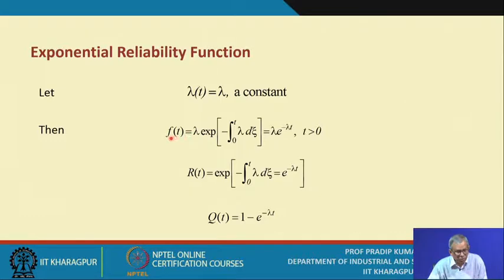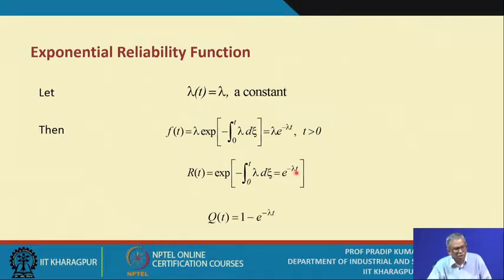This is the density function, the probability density function for t greater than 0, for the exponential distribution. So what is R(t)? R(t) you will get as the integral from t to infinity of lambda e to the power minus lambda t dt, which is e to the power minus lambda t.